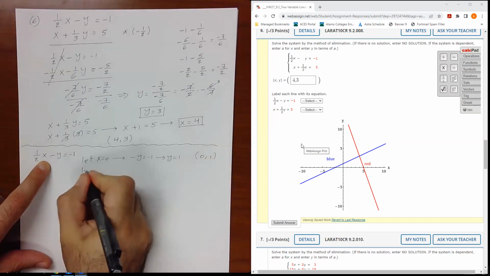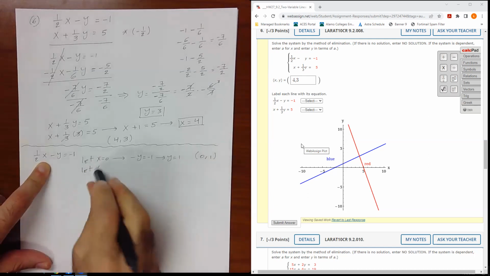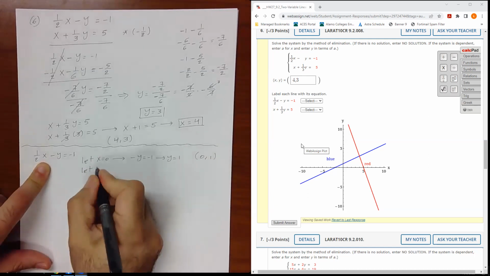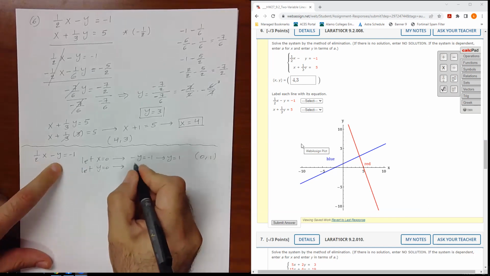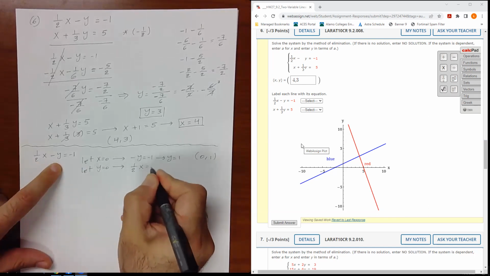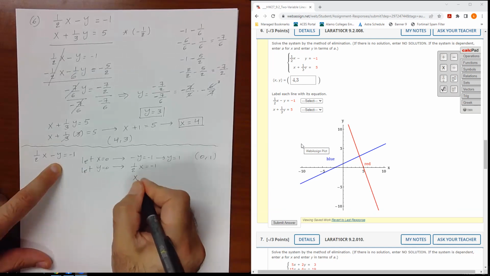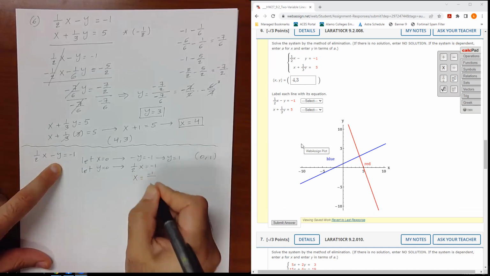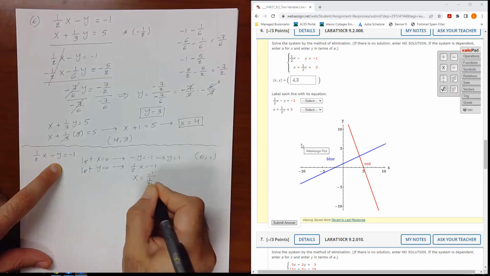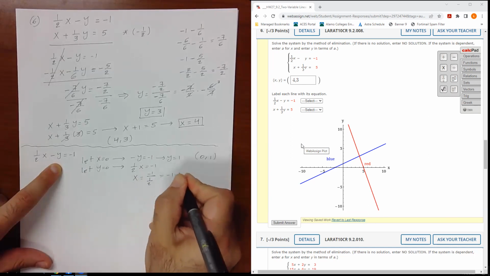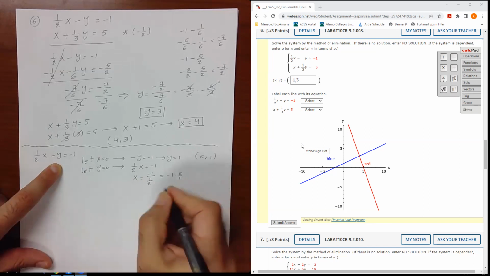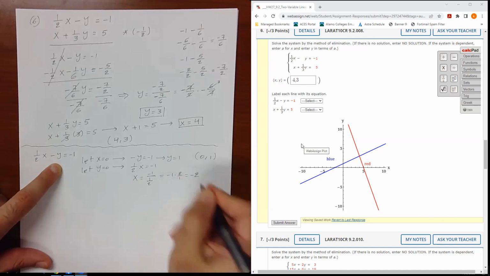Now let y equal 0. So y equals 0. That means half x equal -1. So x is going to be -1 divided by 1/2, which is equal to -1 times 2/1, and this one equals -2.